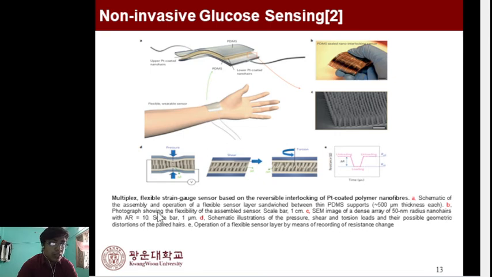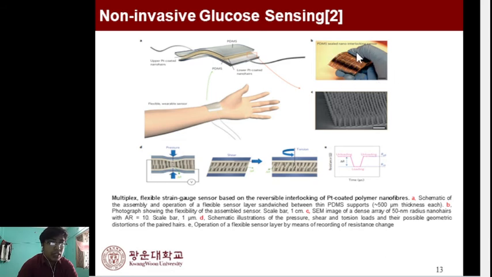B is the assembly and operation of the flexible sensor, with a layer sandwiched between PDMS supports of approximately 500 micrometer thickness each. The flexibility of this sensor is very high.